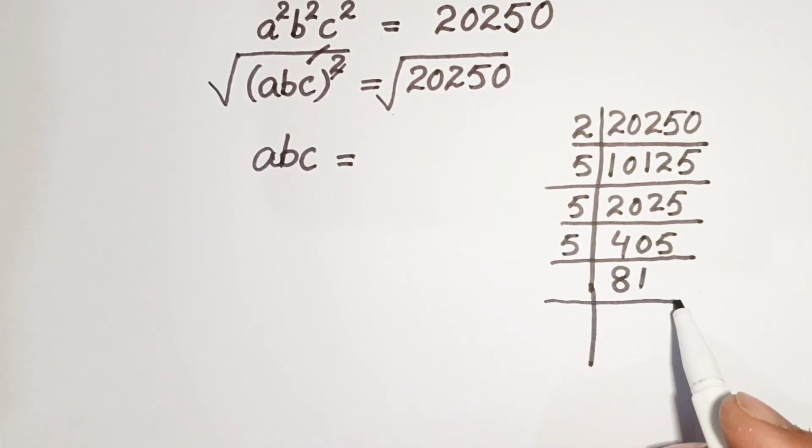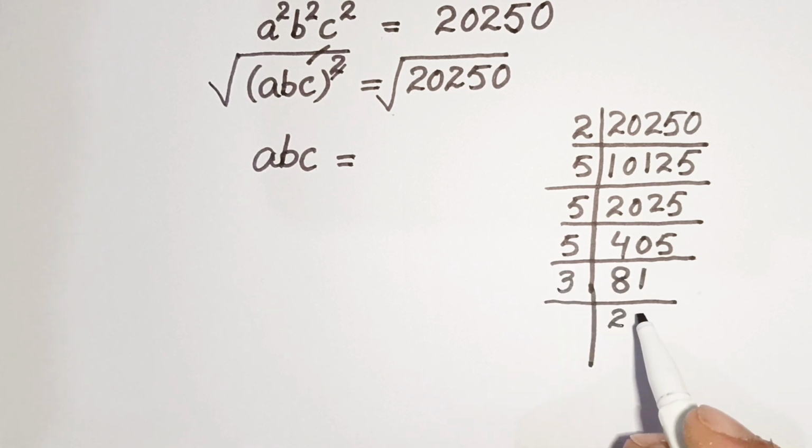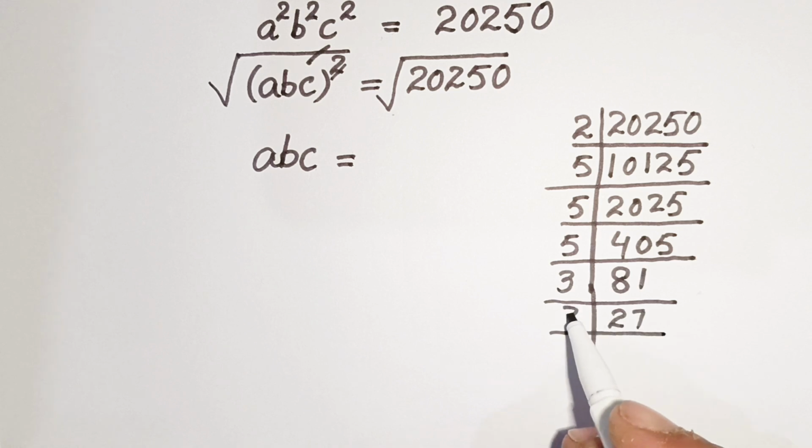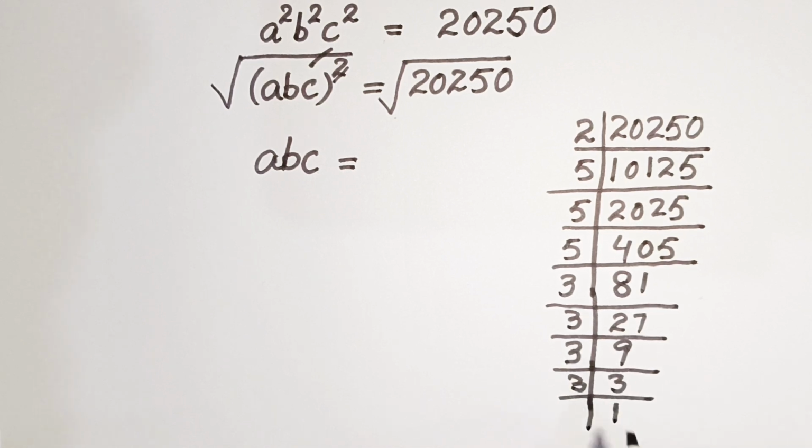Now this 81 can be completely divided by 3. We get 27, then 9, then 3, and dividing by 3 again we get 1.